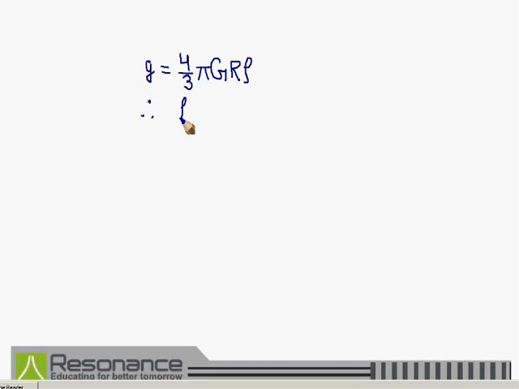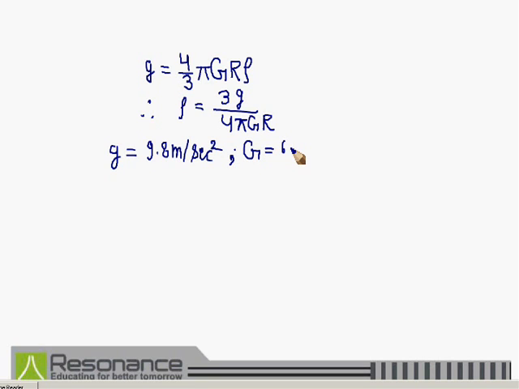Hence, rho equals 3g upon 4 pi G R. Here we know the values of these. g equals 9.8 meter per second square, universal gravitational constant G equals 6.67 into 10 raised to power minus 11 Newton meter square upon kilogram square, and radius of earth capital R equals 6.4 into 10 raised to power 6 meter.